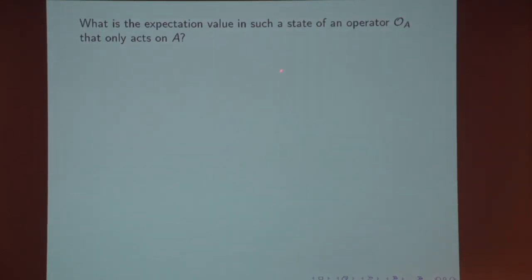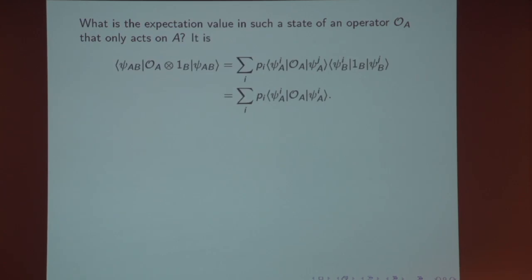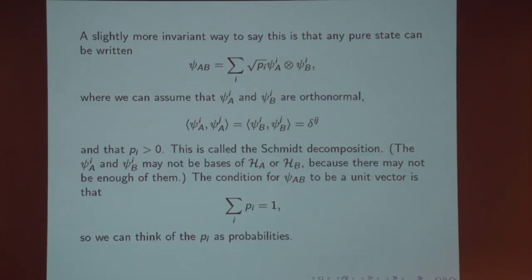What's the expectation value in such a state of an operator O_A that only acts on A? Well, we have to take the matrix element in the state of O_A tensored with the identity. It's the same computation as before, except that there's more than one term in the sum. Before, the state was a simple tensor product, but now it's a sum of simple tensor products.